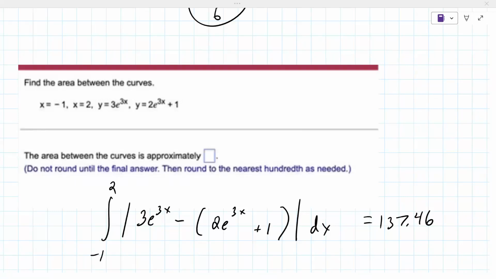All right, so this one gave me the exact answer, and then I'm going to go to the calculator.